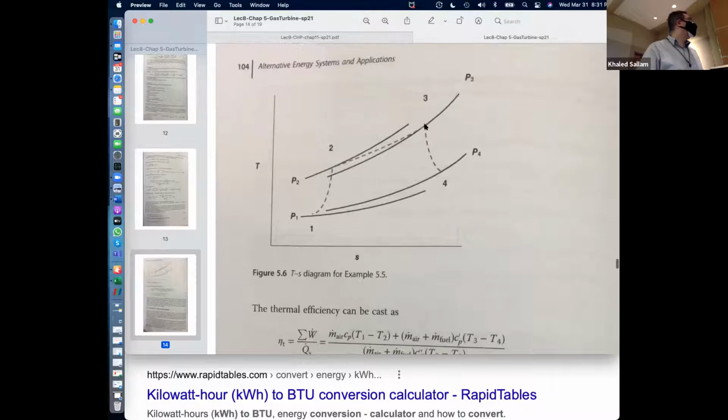So now what is that? He is saying that there is also pressure drop in the combustor. The pressure that you go into the combustion chamber with is not the pressure that you leave with. Why? Because that combustion chamber is a bunch of holes that you have to go through.